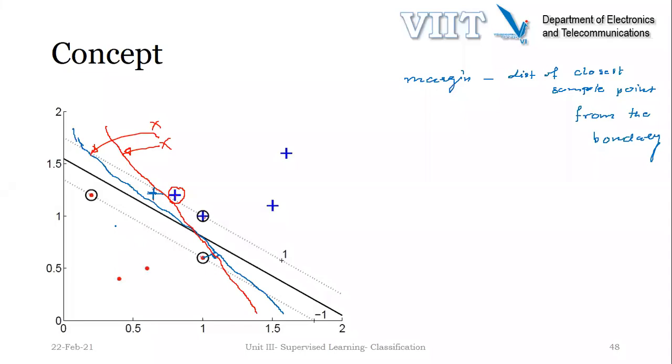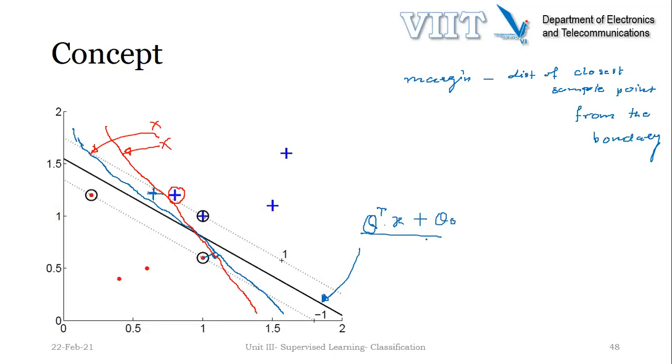The margin is basically the distance between the closest samples and the classification boundary that you choose. So how do we choose this classification boundary? All of you know that we have to take some model equation for this classification boundary. We do that by taking the theta vector: theta transpose x plus theta 0.